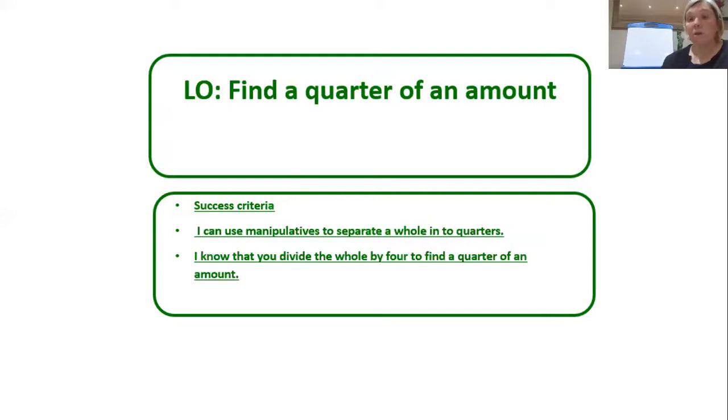And we will know by the end of this lesson that if you divide a whole by 4, that is how you will find a quarter of an amount. So once again, it's using that word divide.